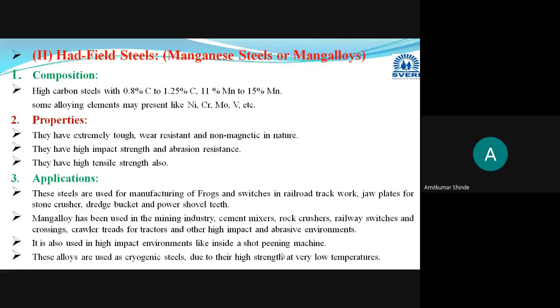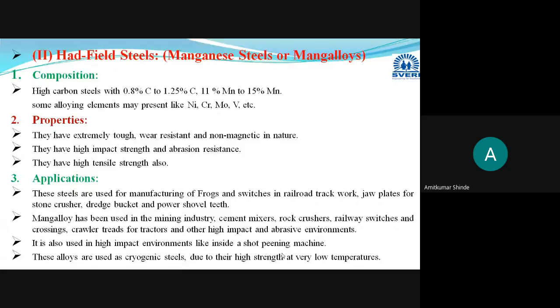Generally, these Hadfield steels are high carbon steels with carbon percentage varying in the range 0.8% to 1.25%, and manganese is present within the range starting from 11% and maximum up to 15%. As manganese is the principal alloying element here, that's why these steels are termed as manganese steels or mangalloys, or Hadfield steels.